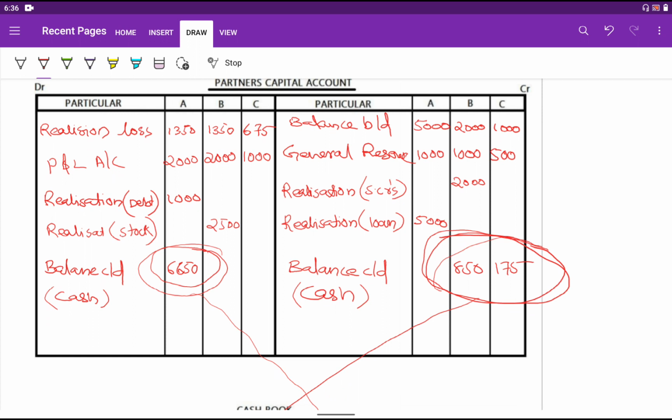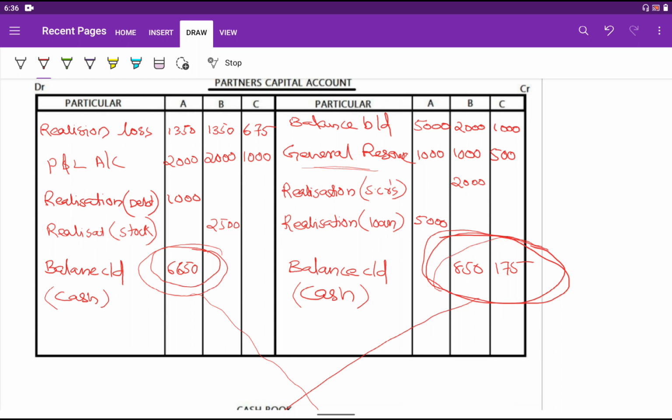This is the thing we are going to do in journal entry, same like I already told you. Whatever is coming in credit side, that we will debit and we will write their account. So general reserve, how can we write journal entry?